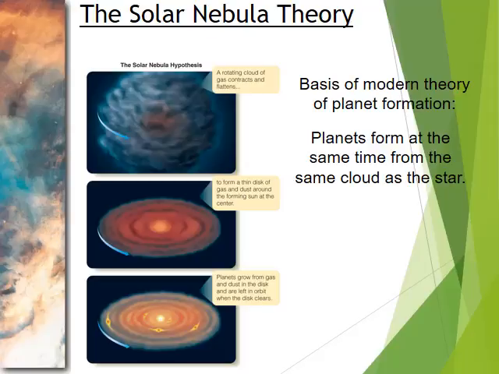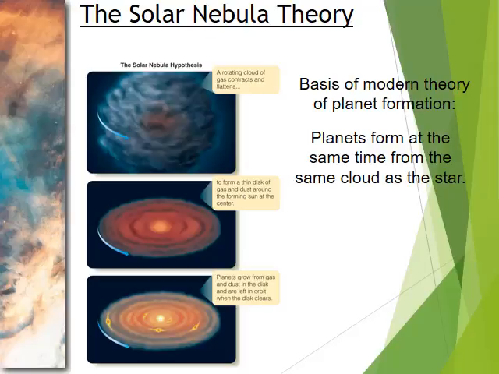And now the term theory. In our common way of speaking, theory is quite often dismissed as, oh, it's a guess. But in science, a theory has an entirely different meaning. A theory is essentially an explanatory framework that explains a bunch of observed facts.